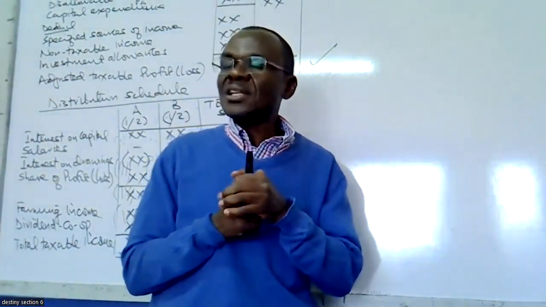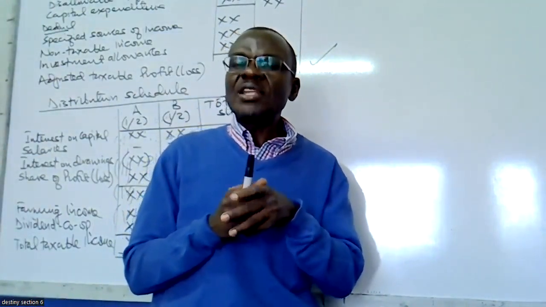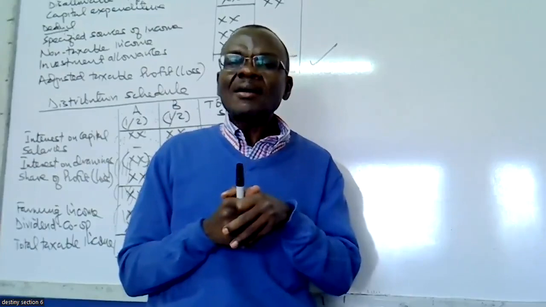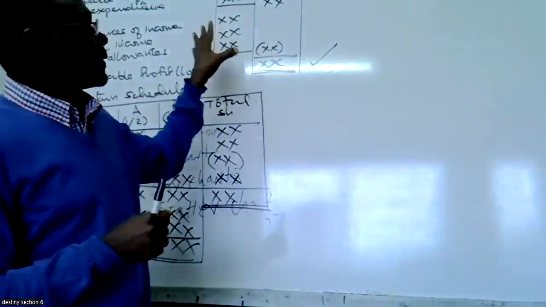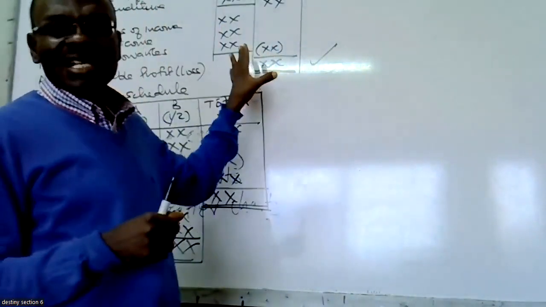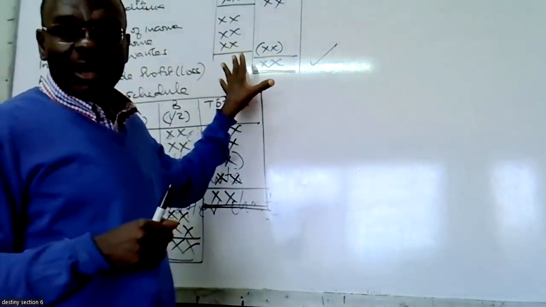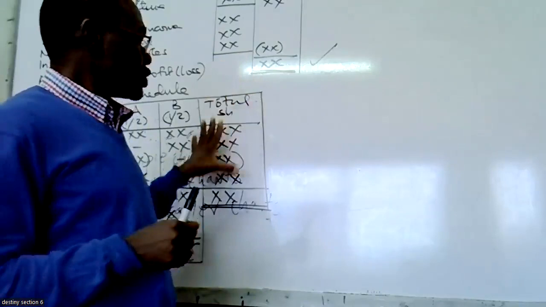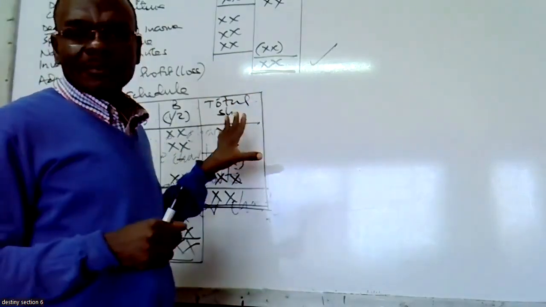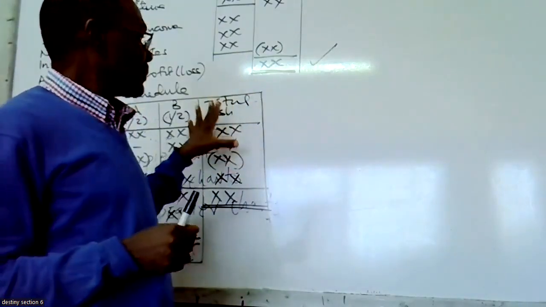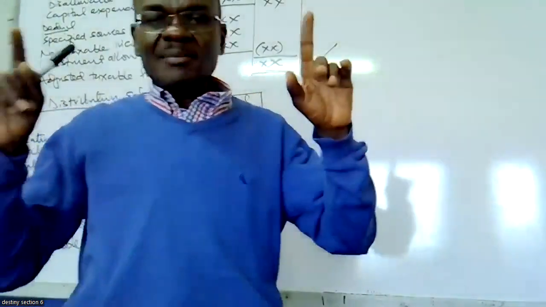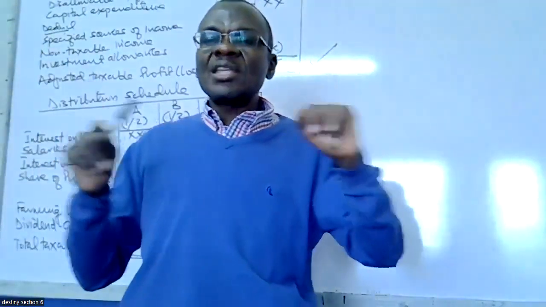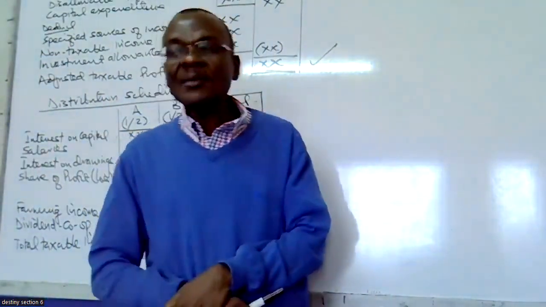If all revenues and expenses accrue equally during the year, then you don't need to apportion the income statement. You will adjust the way we've adjusted in our early example, but the apportionment will come in the distribution schedule.